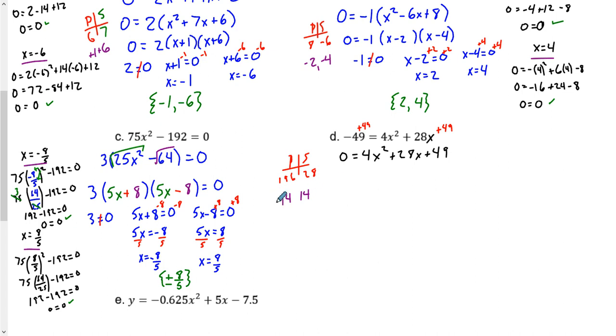But I know that 14 and 14 works. You can start with 1 and 196, 2 and 98, and keep on going on like that. But I got my numbers. So a positive 14x and a positive 14x.